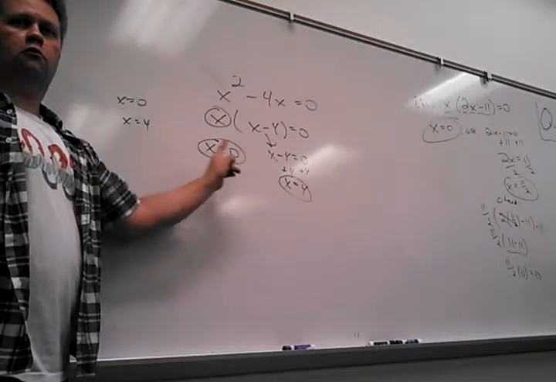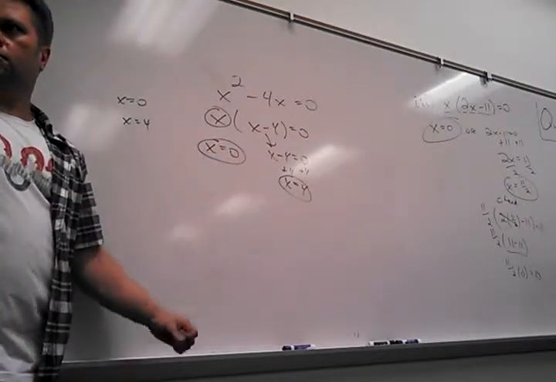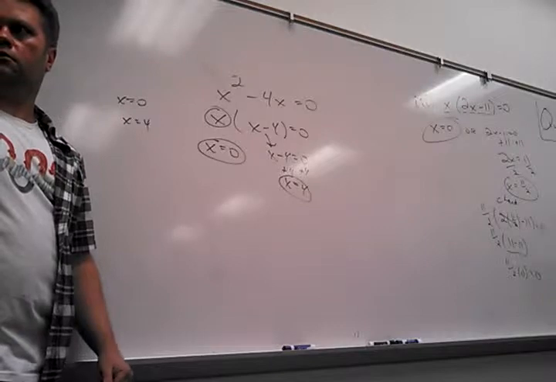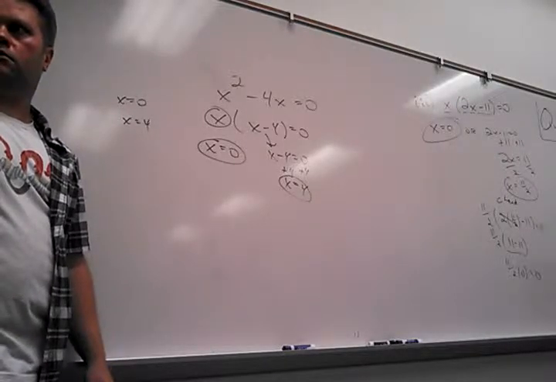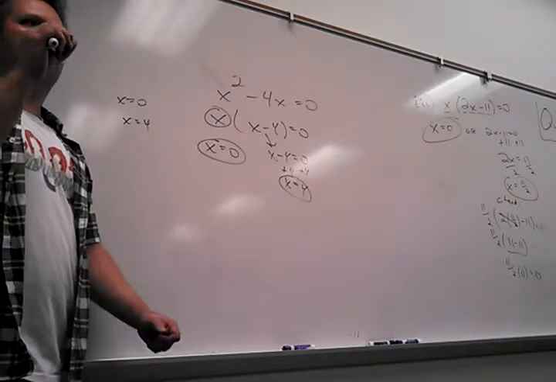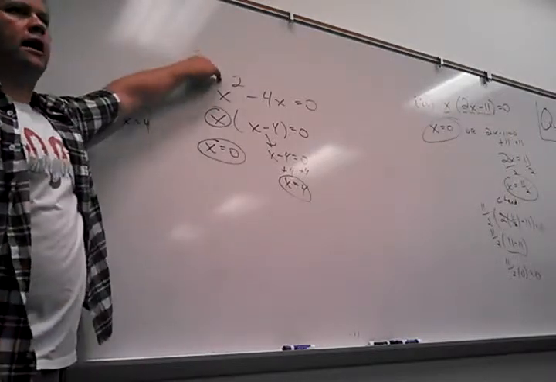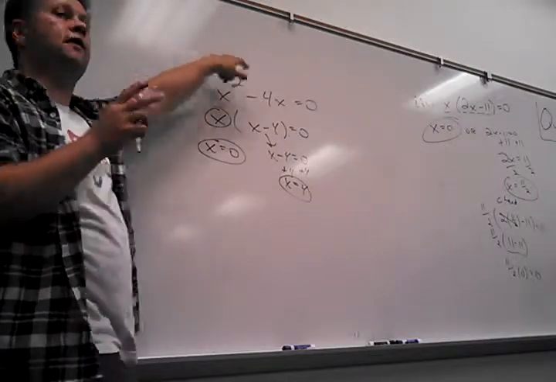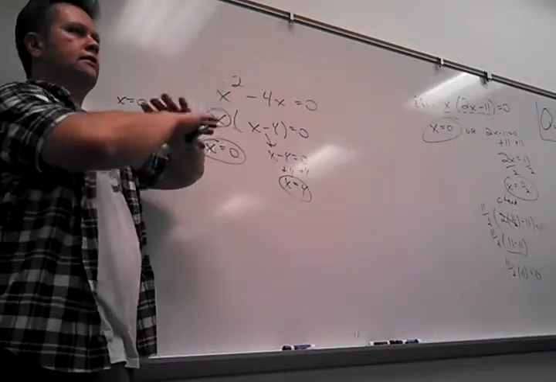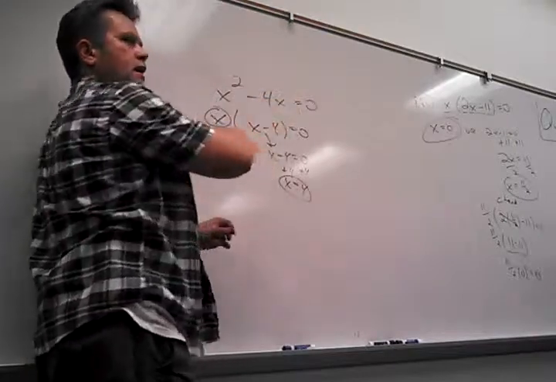They both work. Good. So if you're saying there are 2 answers, does that mean one of the answers is you plug in 0 to both x's, and the other is you plug in 4 to both x's? x can only have one value at a time. I can't say I want the first x to be this and the next x to be that. No. x is something and then they all get replaced by it.